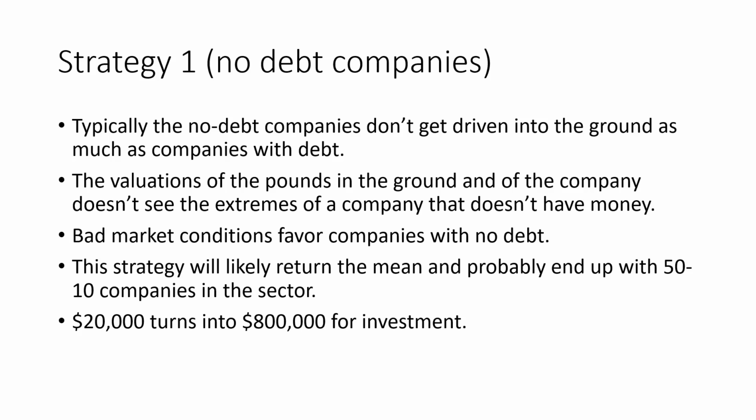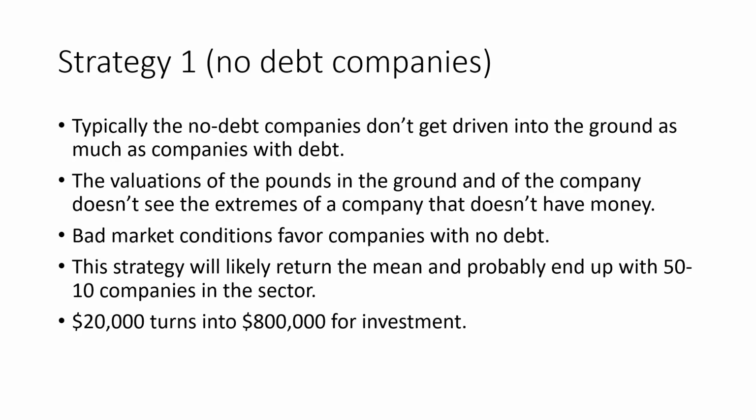So they either don't have money and they're share diluting, or they have debt. Bad market conditions favor companies with no debt, because they don't get driven into the ground. This strategy will likely return the mean and probably end up with 10 companies in the sector.